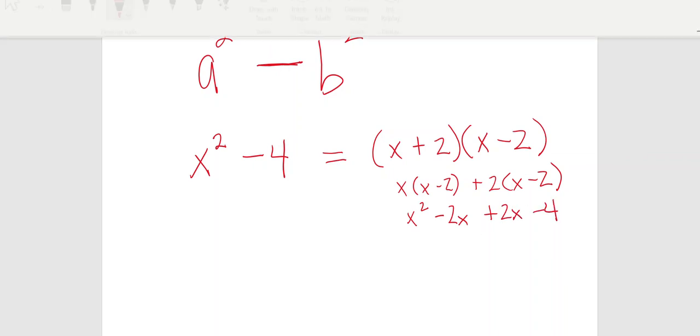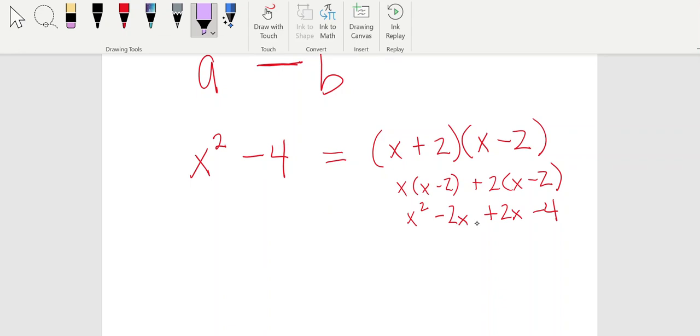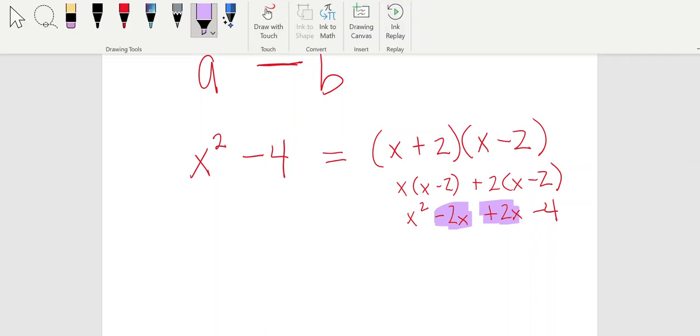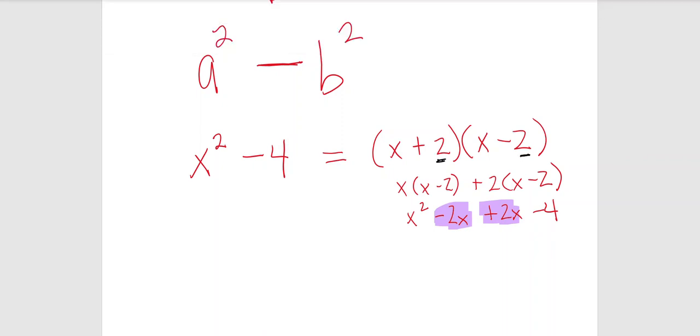So what we see here every time is that the middle term is canceling out. And why is it canceling out? Because these numbers are the same, right? We've got 2 groups of the same thing, 2x and 2x, and one of them is positive and one of them is negative, leading me to 2 opposite values there.